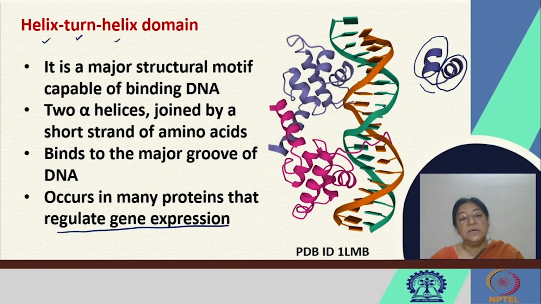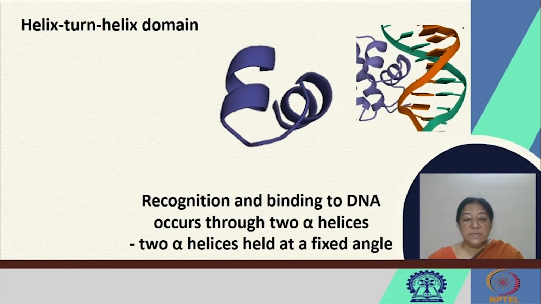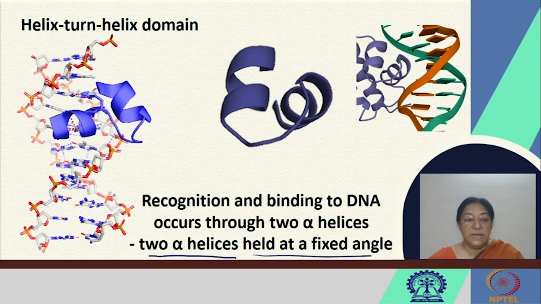The helix turn helix DNA binding domain is such that there are two helices that are connected by a short turn. If we now look at this in a bit more detail, the recognition and binding to the DNA occurs through these two helices. And interestingly, these two alpha helices are held at a fixed angle to facilitate the geometrical interaction with the DNA molecule.